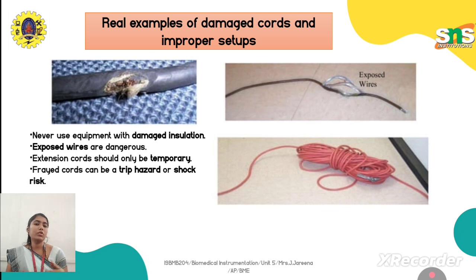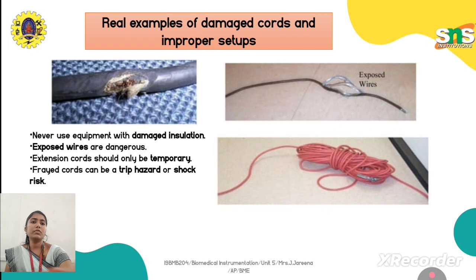We simply continue using these wires without discarding or correcting them, right? But these have a high risk of shock. So whenever you see exposed or torn wires, immediately we have to apply some insulation tape, or you can just replace the torn part with new wires.